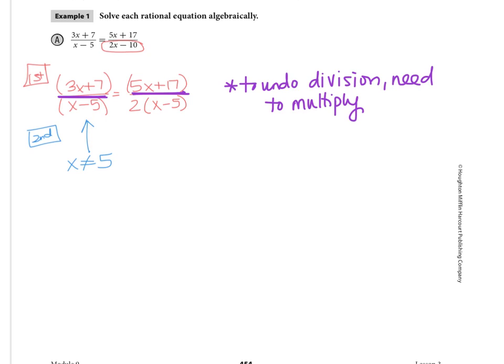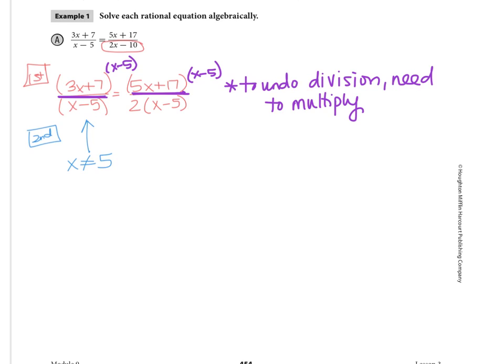All right, so if we look at our equation, notice that I need to undo this divided by x minus 5. So I'm going to multiply every single thing by x minus 5 on the top. When I say every single thing, I am talking about each of these fractional parts.